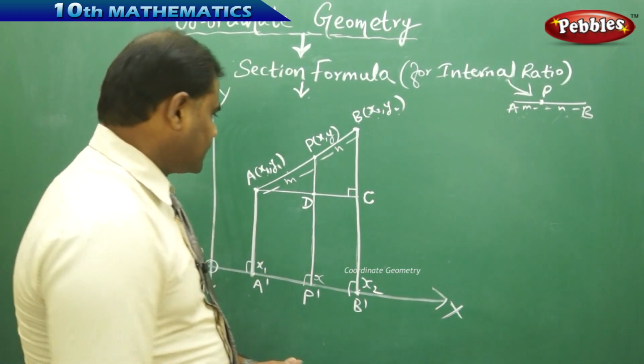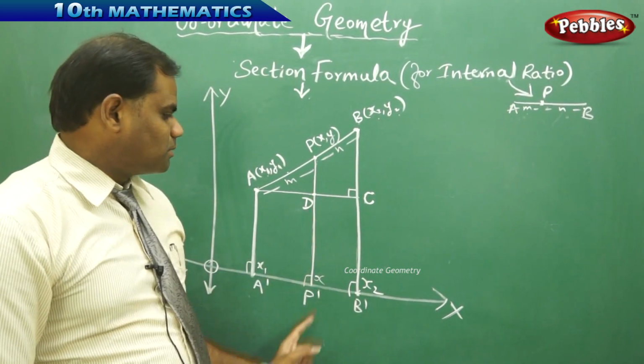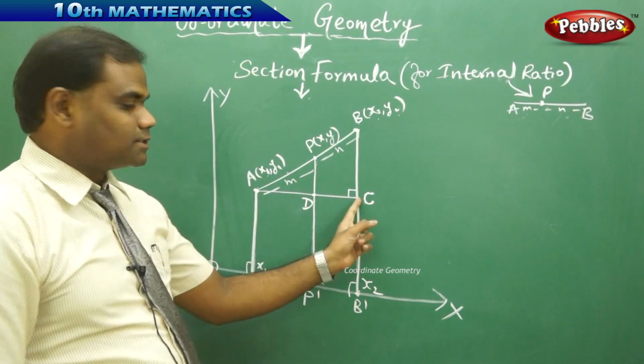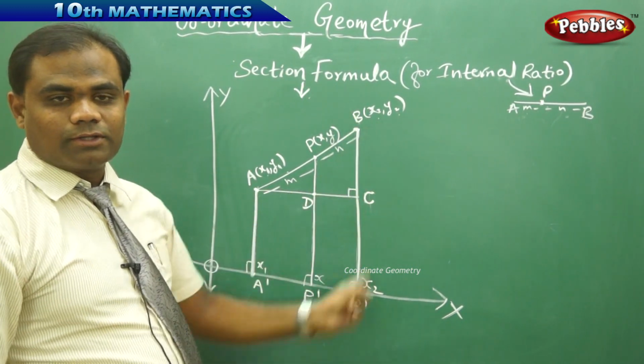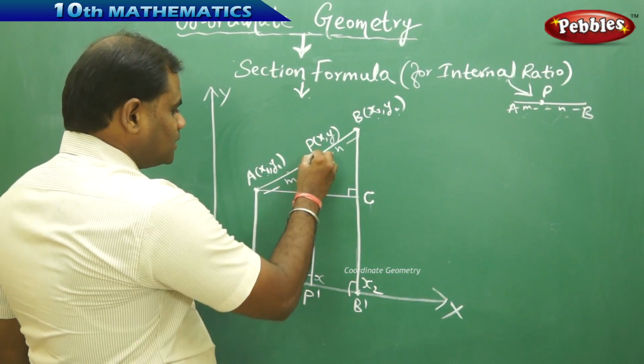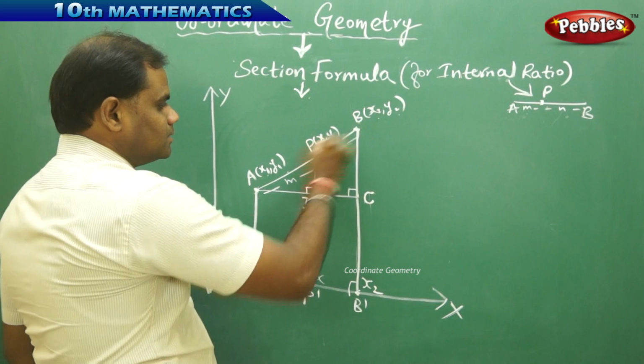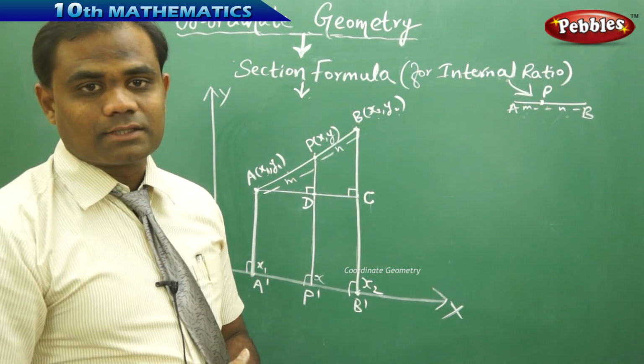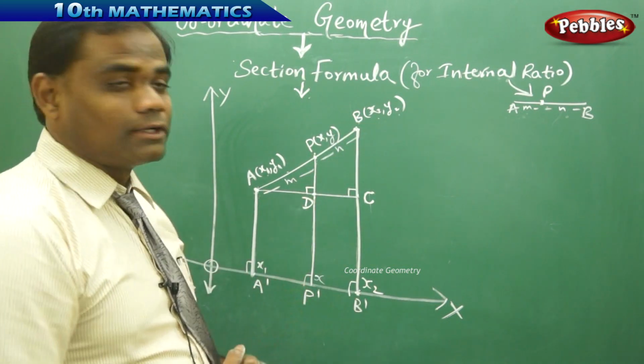So here I get two triangles when I drop the perpendiculars and join A with C. Again a perpendicular dropped on this line. I get triangles ADP and ACB, which are the two triangles which I'm going to consider in my initial case.